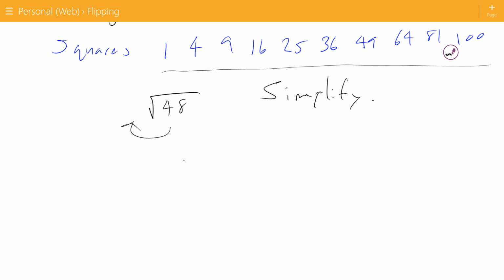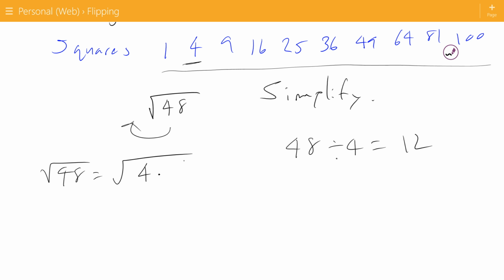And I look at my squares and I see that 48 goes into 4, because 48 divided by 4 gives you 12. So I can rewrite this square root of 48 as the square root of 4 times 12.